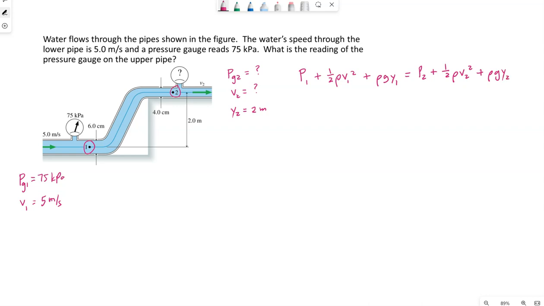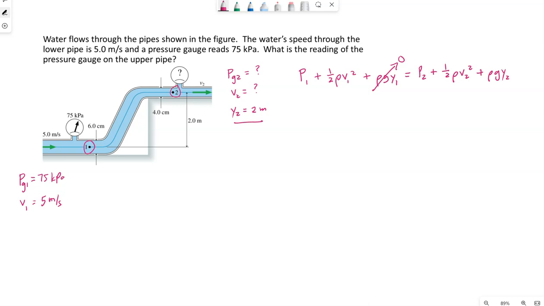That's what we mean by the pressure plus 1/2 rho V squared plus rho g y being constant. This is our conservation of energy equation. It's in terms of pressure, but it's representing conservation of energy. So if we say y1, that lower point, is 0, then y2 is the 2 meters.